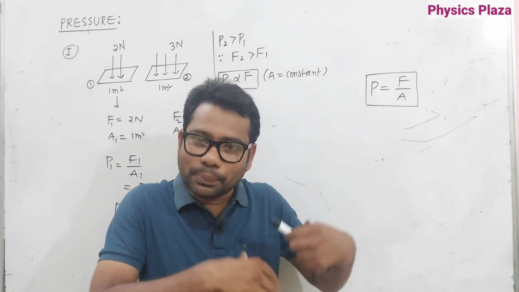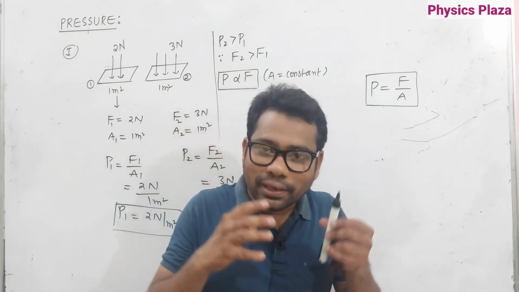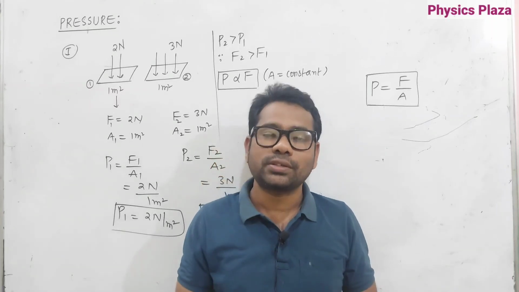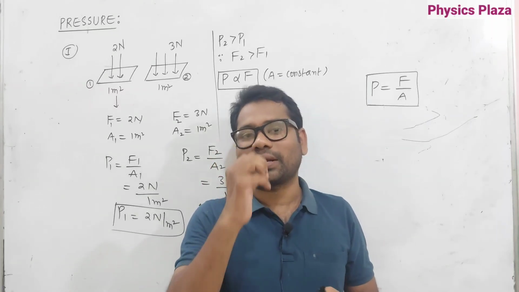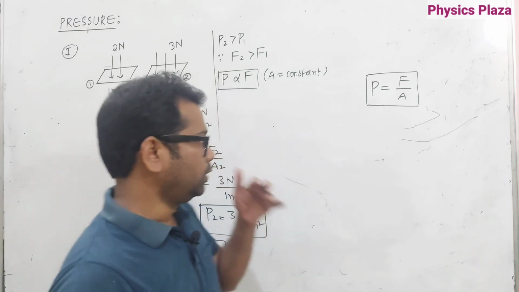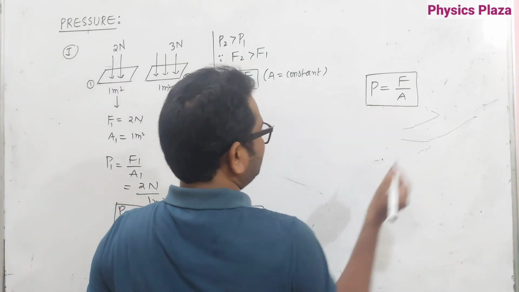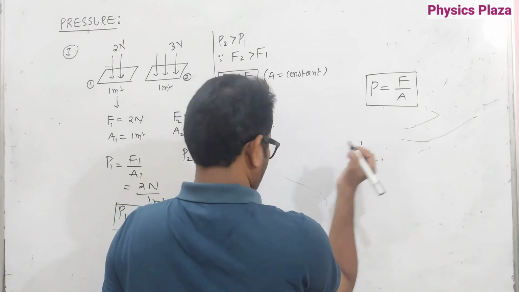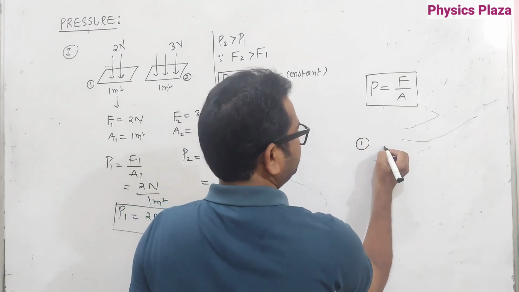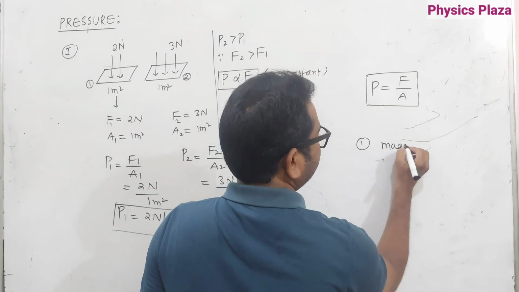Then how can we decrease the pressure? Yes, by decreasing the magnitude of the thrust, we can decrease the pressure acting. Okay, fine. So this is the first factor. Let me write here. What is the first factor, children? First factor is magnitude of force.